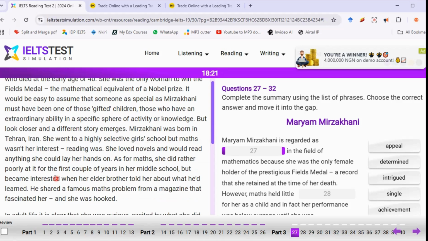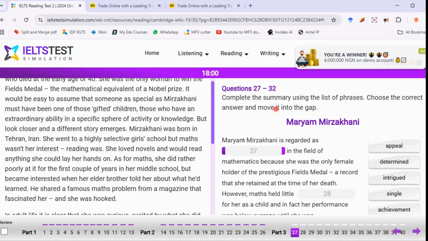She loved novels and would read anything she could lay her hands on. As for math, she did rather poorly at it for the first couple of years in her middle school, but became interested when her elder brother told her about what he'd learned. He shared a famous math problem from a magazine that fascinated her, and she was hooked.